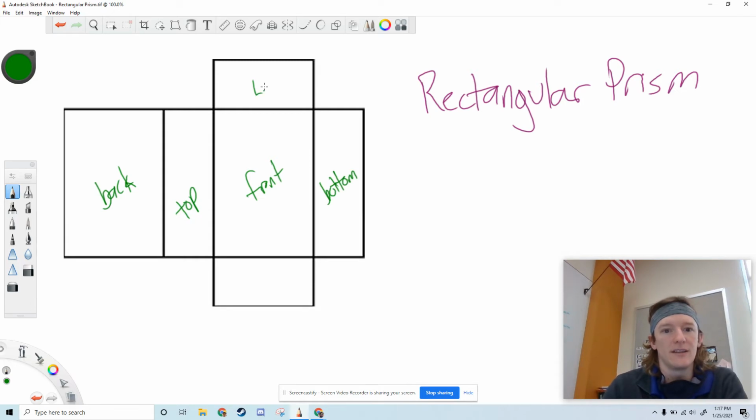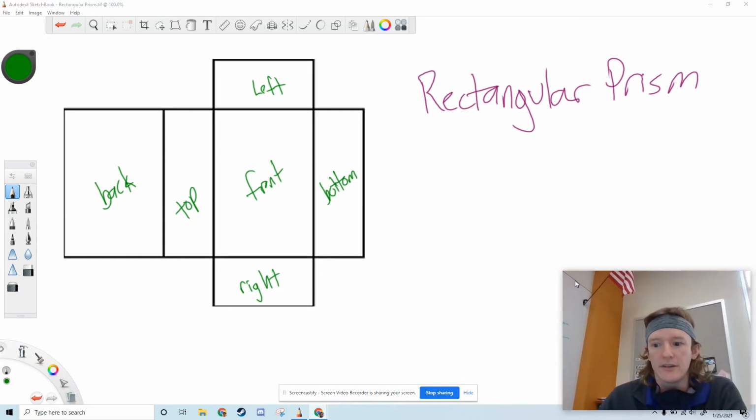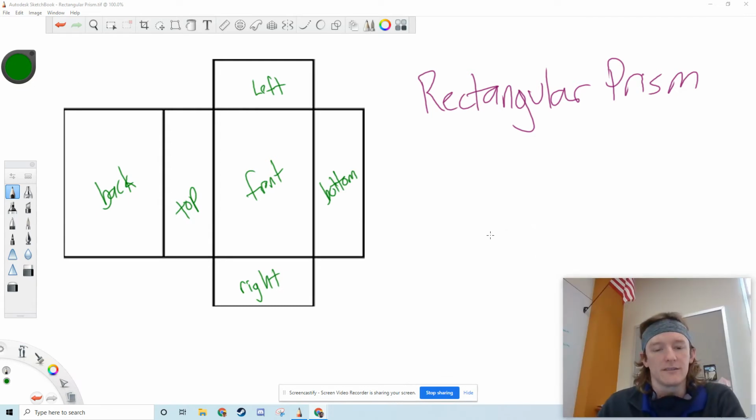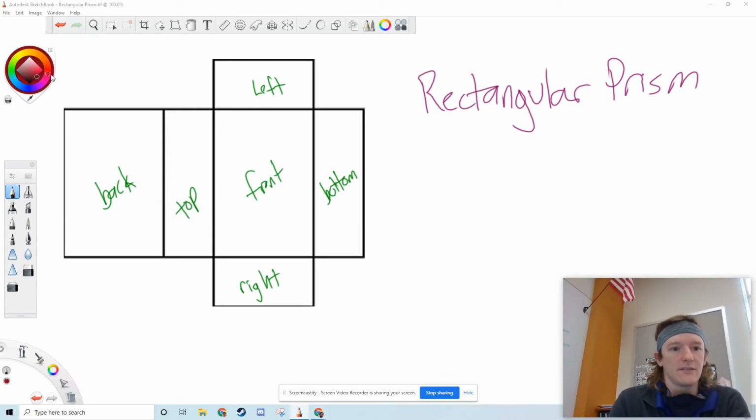And this might be the left side, and this might be the right side. Those are the same area as well. So we're really only going to have to calculate 3 different rectangles, because the others are equal. The front and the back are going to be equal.